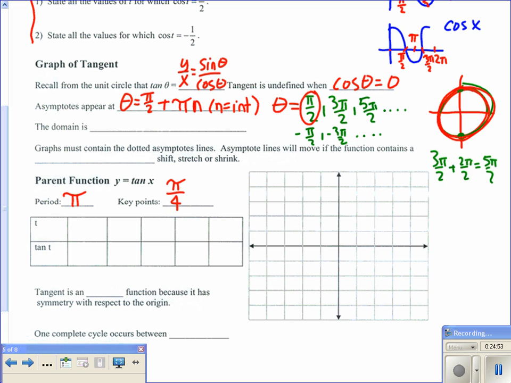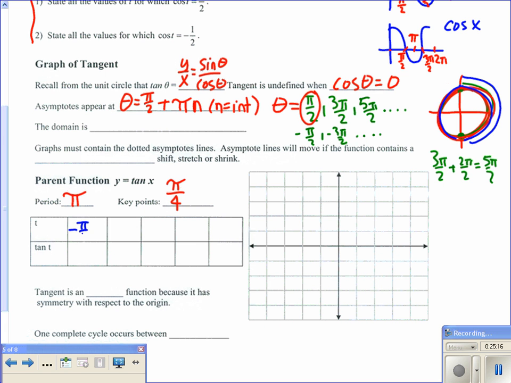So pi over 4 is what I'm going to go by. Our asymptotes are going to be every pi, and this distance on my graph is from negative pi over 2 to pi over 2. So I'm going to use that.